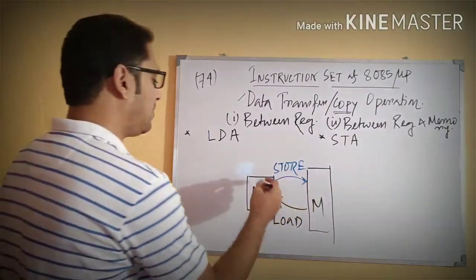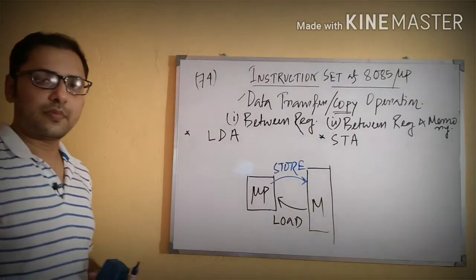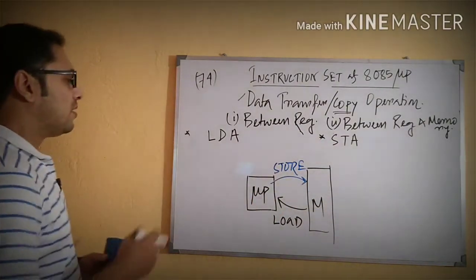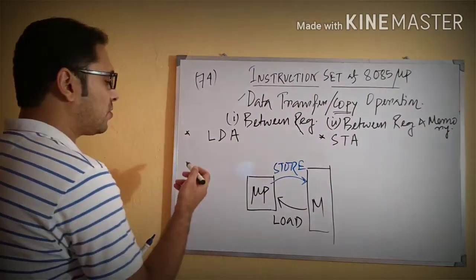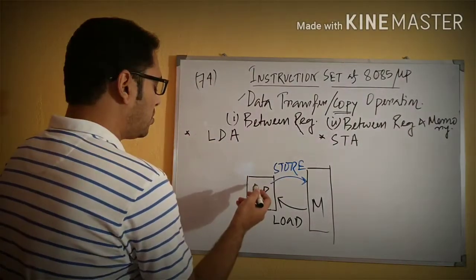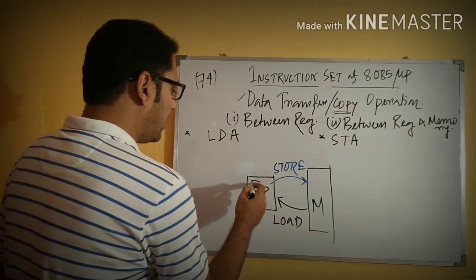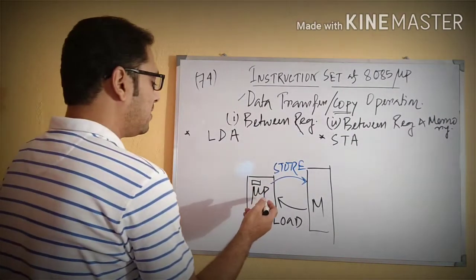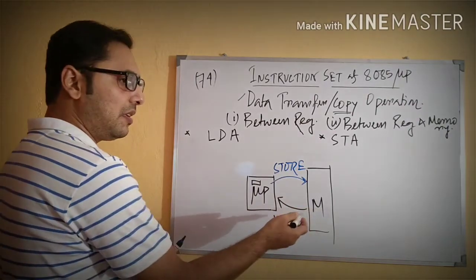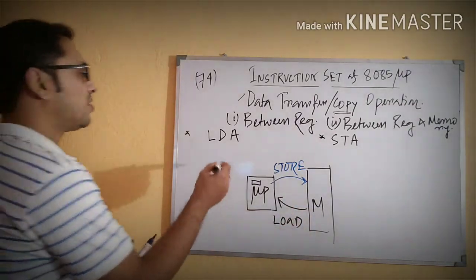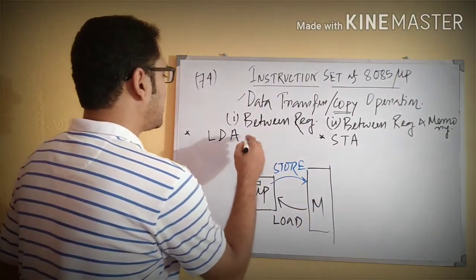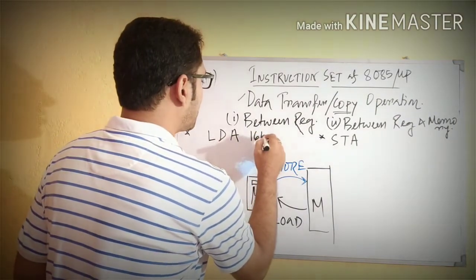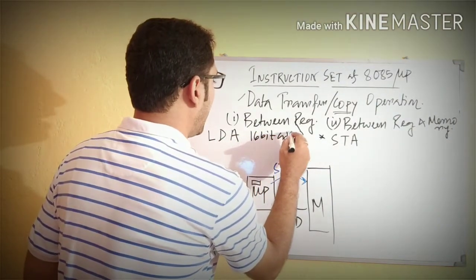Storing means data is traveling from processor to memory. Clear? So load accumulator direct means we want to load the accumulator directly from memory. That means a memory location is required. So the syntax is LDA space 16-bit address.